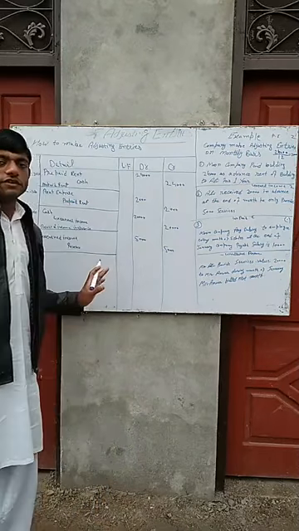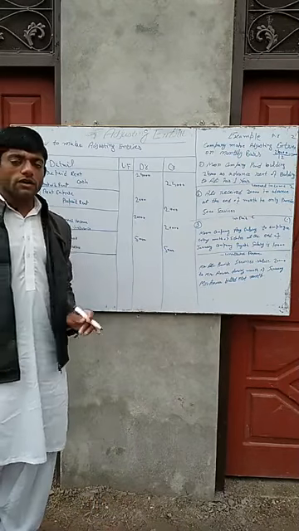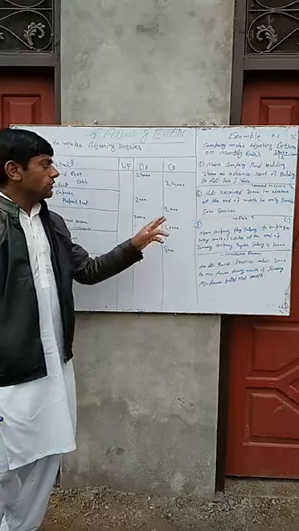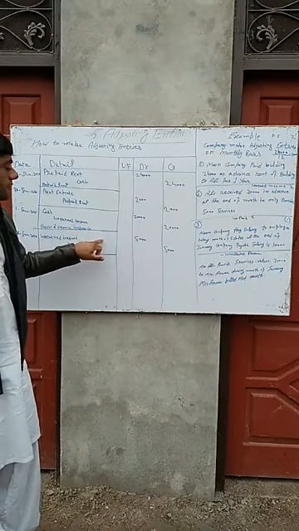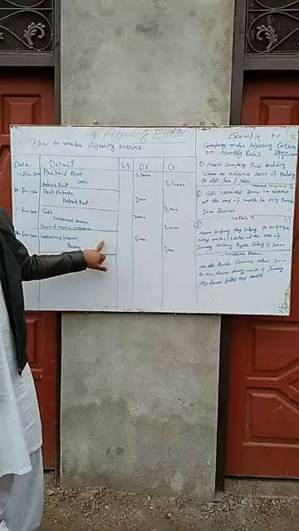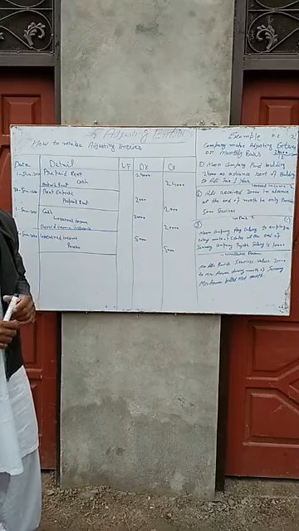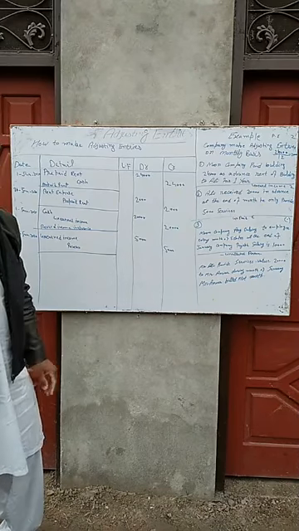That is an adjusting entry of unearned revenue. So first we made the entry of prepaid expense, then we made an entry of unearned revenue, the advance received income. That is an adjusting entry of it.